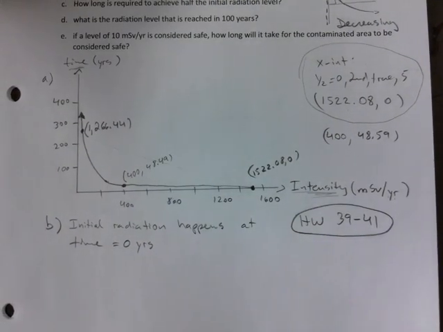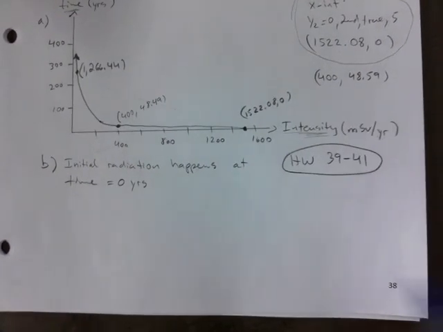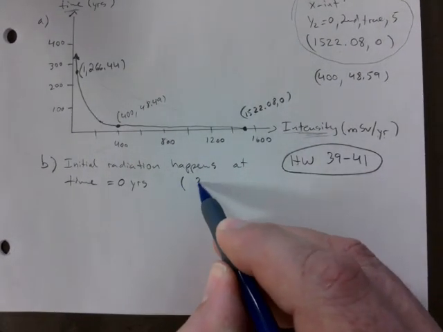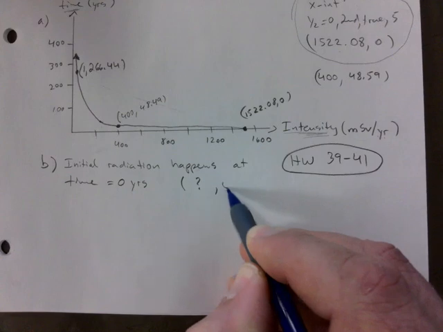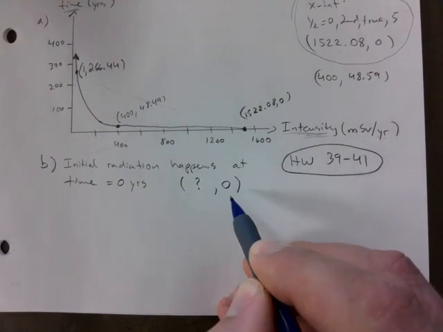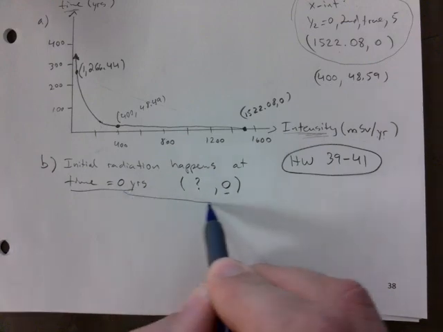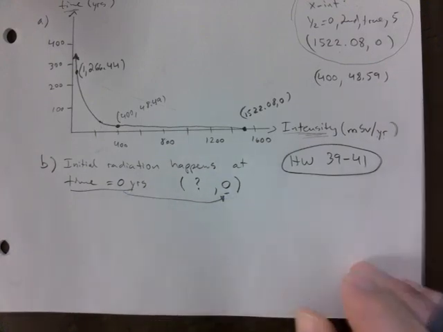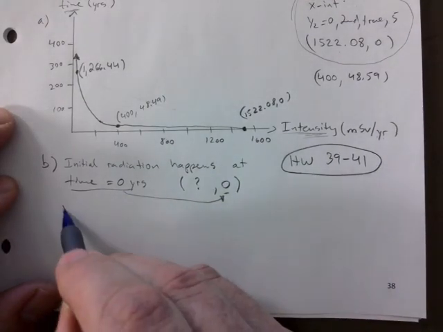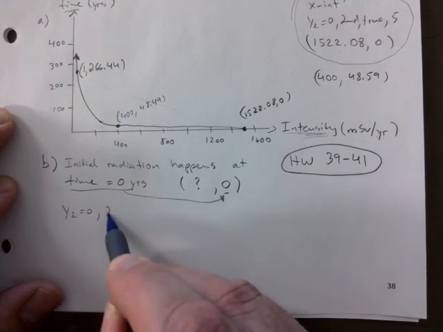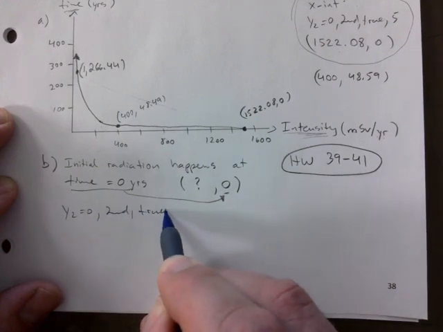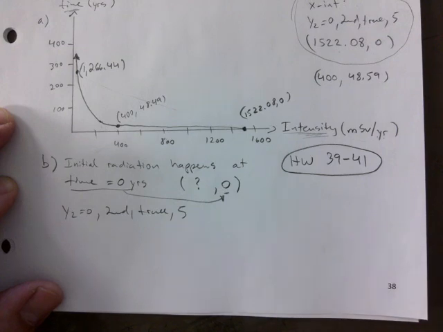Is time x or y? It's basically saying, hey, what's x when y is 0, isn't it? Because we've determined that time represents my y variable, correct? So we need to let y2 equal 0, and then we're going to go second trace 5.